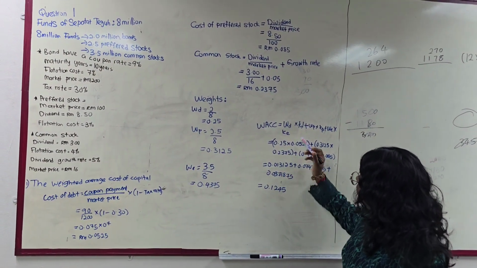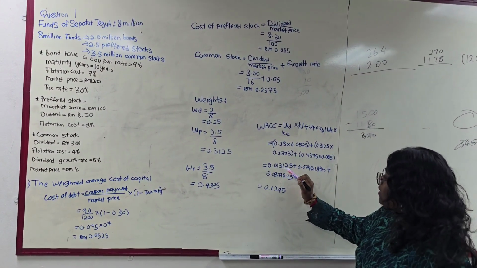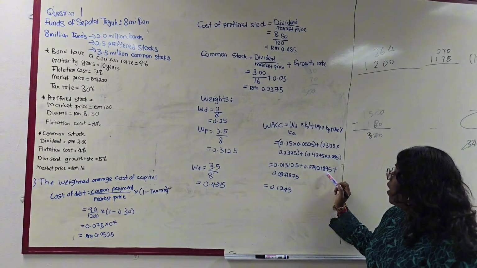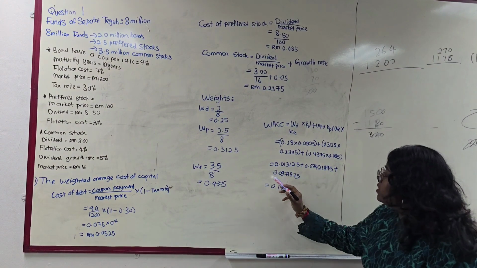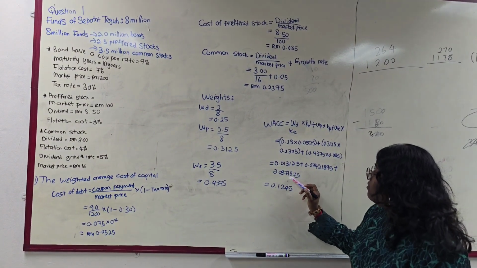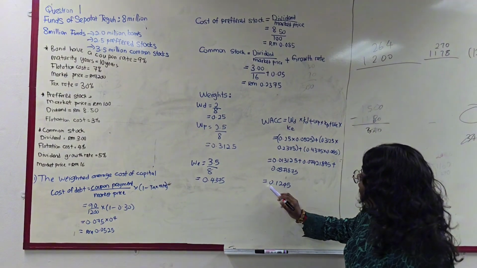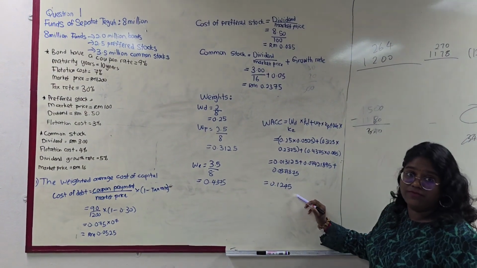So to solve this, 0.013125 plus 0.0742185 plus 0.0371875, which gives us the answer for WACC of 0.1245.